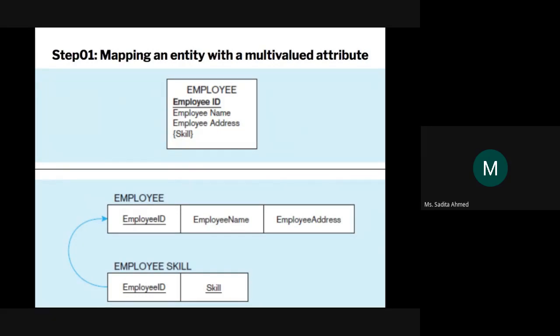Employee ID 1 2 3 4 5, and then Bengali, that row will only be once. ওই রোটা তো রিপিট করার কোনো রিজন নেই। We've already represented the fact that this employee has the Bengali speaking skill. So the combination of employee ID and skill will be unique.